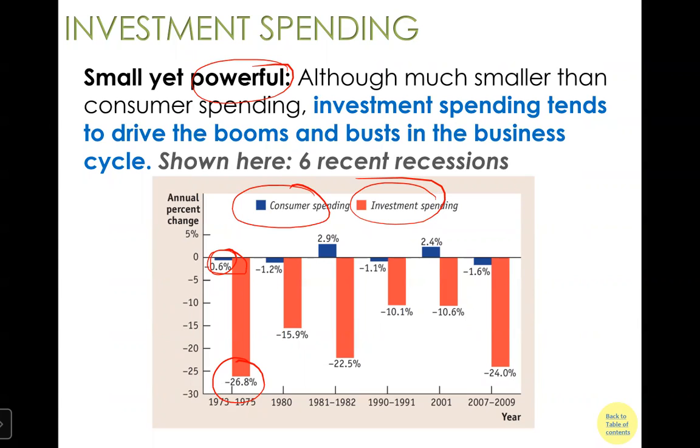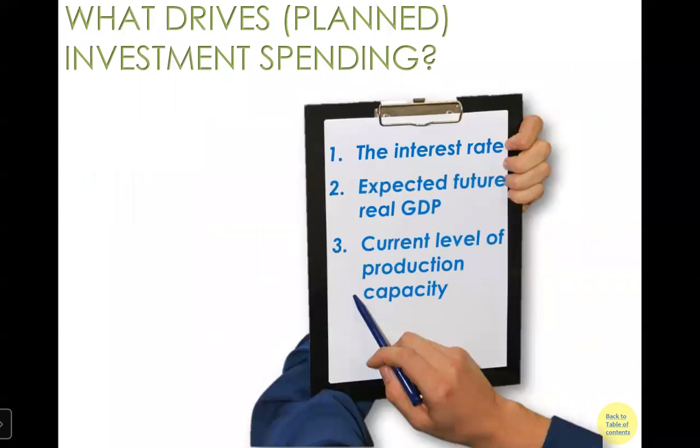This powerful adjustment is going to have an important impact on the determination of Y, and furthermore, a significant impact on the fluctuation of output, particularly in the business cycle. Now let's see what can drive the change in investment spending.